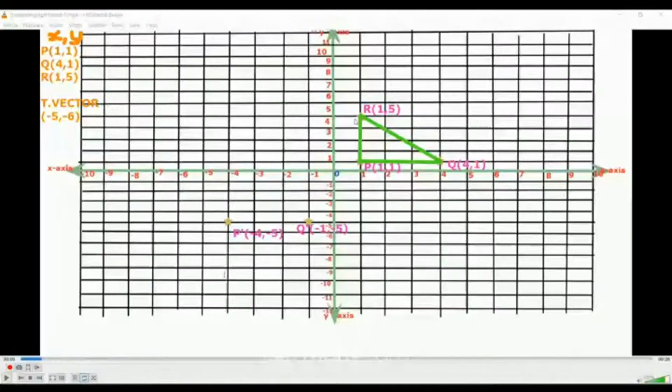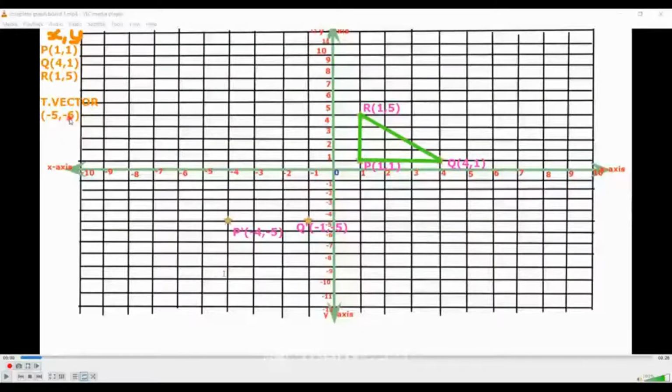Okay, now point R. We are going to move the point R by the same translation vector: 5 left and 6 down. When you are here at the point R, the left side is here. So you count 5 to the left and then 6 down.